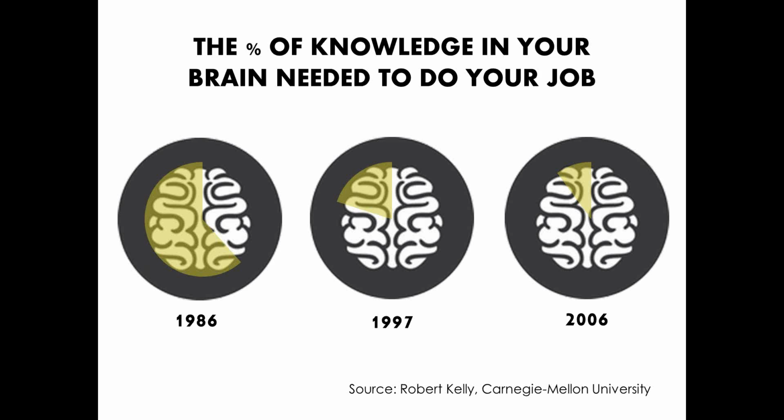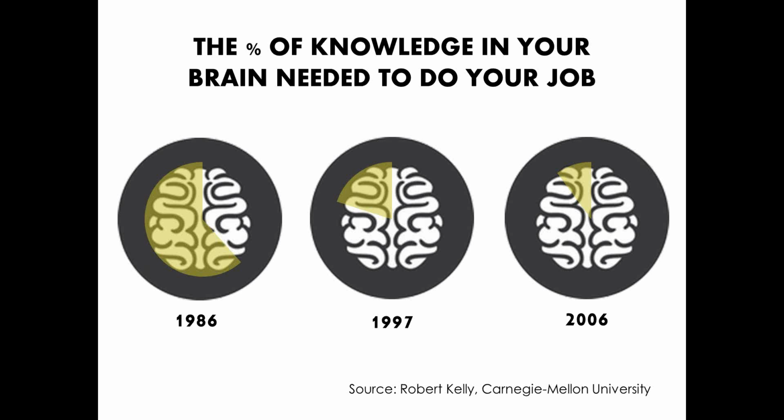So if you think about the traditional training model, it worked pretty well. Okay? Worked pretty well. By 1997, only about 15 to 16% of the information we needed to effectively perform our jobs we could hold within our brain. I mean, the pace of change had picked up, and now it's down to 8 or 9%. That was in 2006.